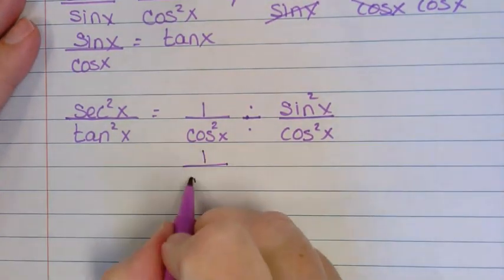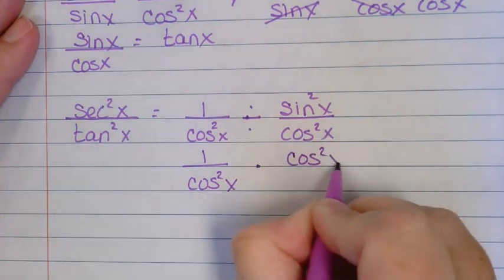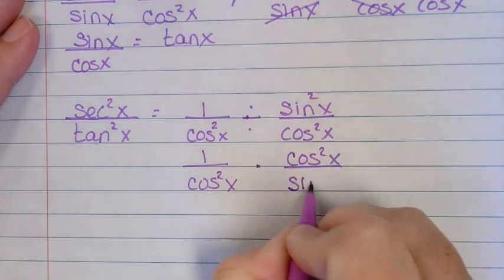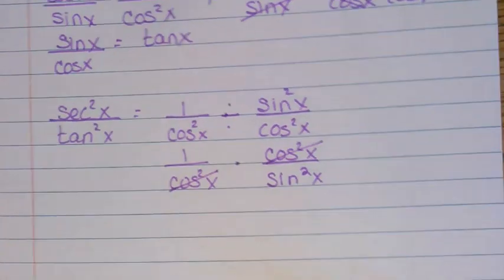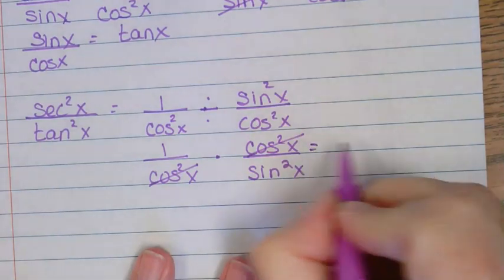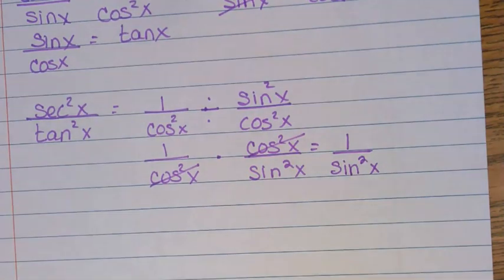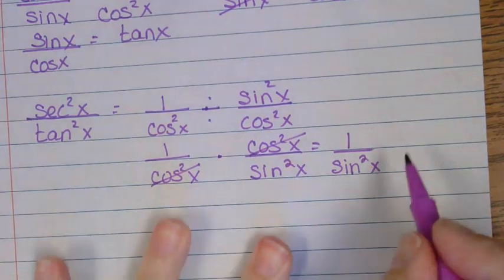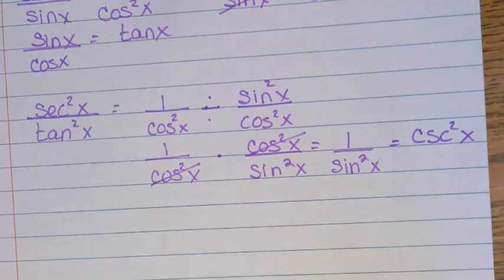So keep, change, and flip. Now this is where we really want to be careful. My cosine squares cancel. Now, where is my sine squared? It's still at the bottom, so it needs to stay at the bottom. So we've got to be very careful there. And again, we have a fraction. We know that's not the best. So 1 over sine is going to be cosecant. So because it's squared, it's cosecant squared x.